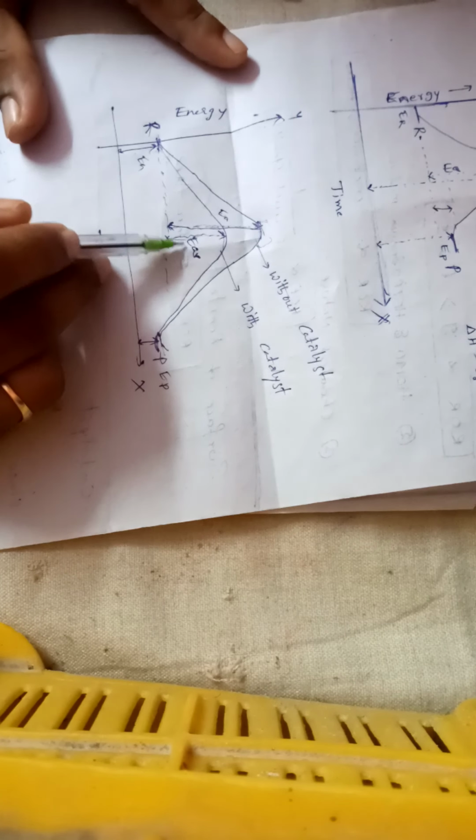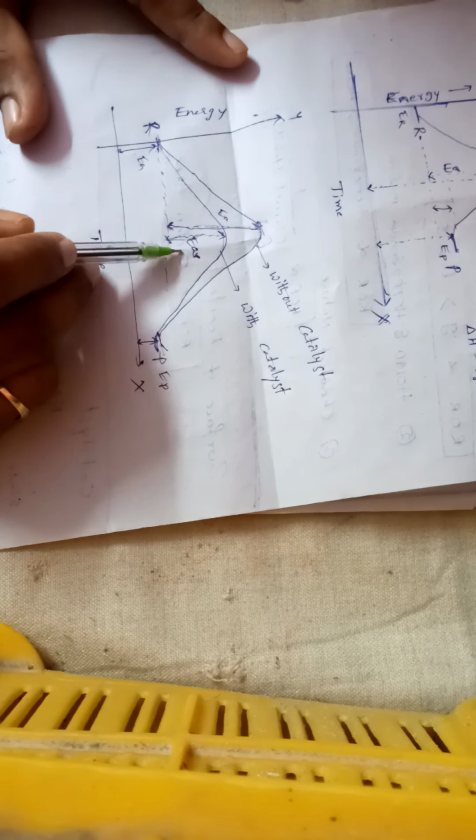This clearly shows that the activation energy decreases. You know from Arrhenius theory that the rate constant equals A into e power minus Ea by RT. When activation energy decreases, the rate constant increases, and the rate of reaction also increases.